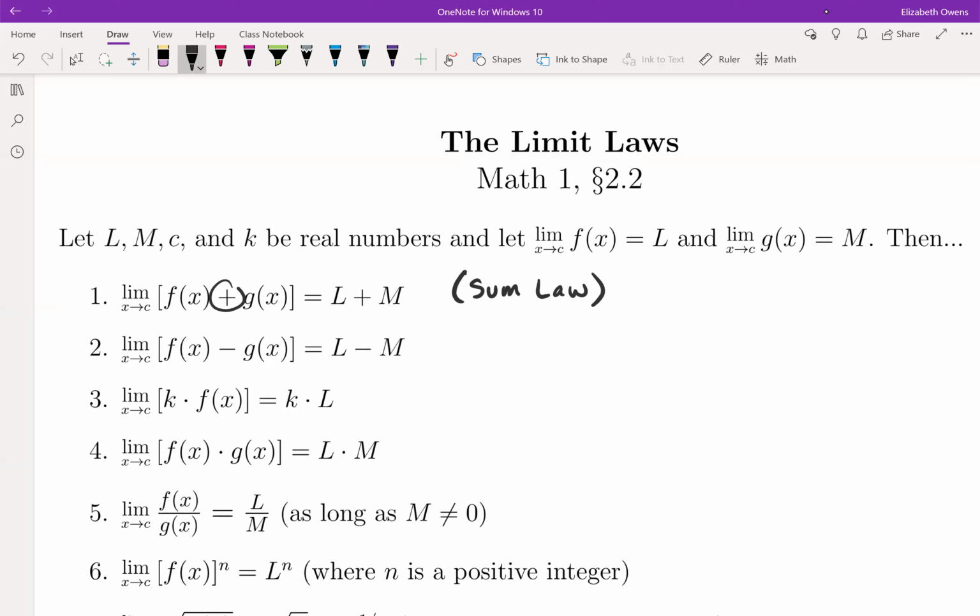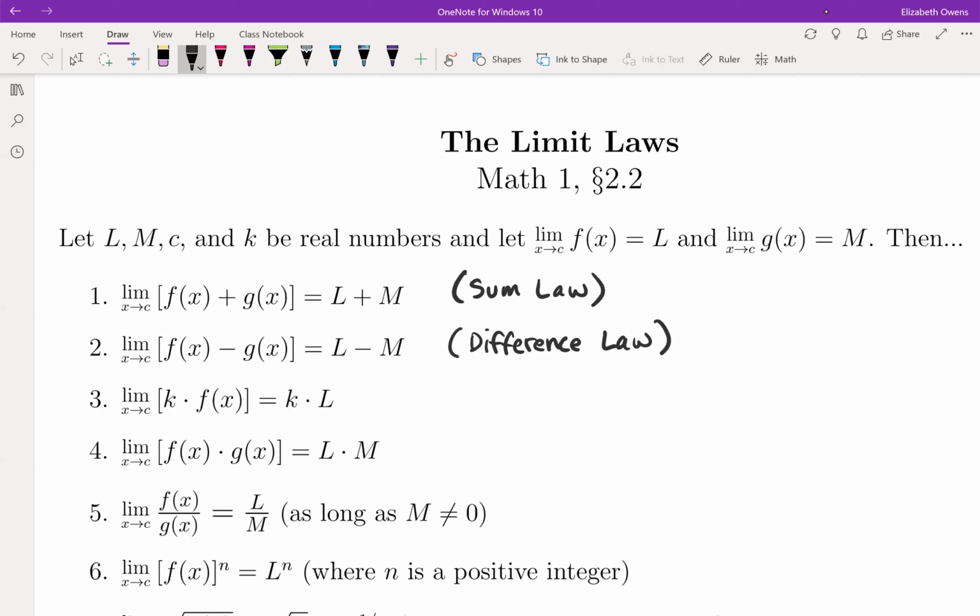We are taking the sum of the two functions, and so you just take the sum of the two limits. Now, really similarly, in the second law here, if you subtract the two functions, then to find the limit of that result, you're going to subtract the two limits. And this is called the difference law, because we're taking the difference between the functions or between the limits.